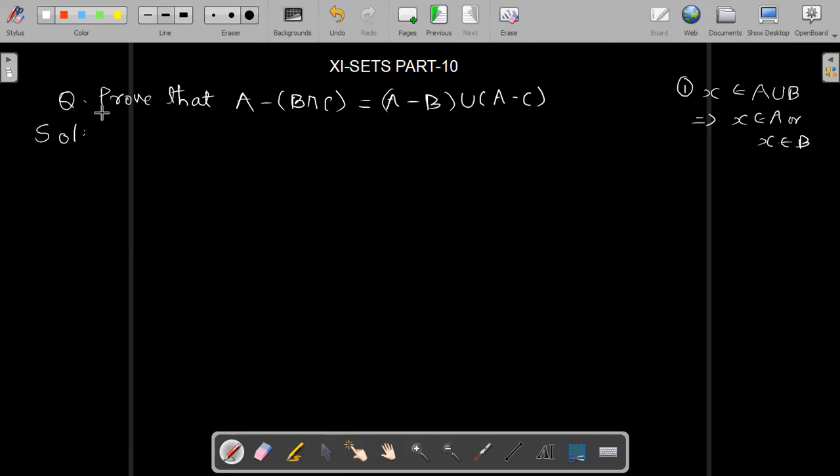We will take one arbitrary element which will belong to this, and at last by using the property we will reach to this.